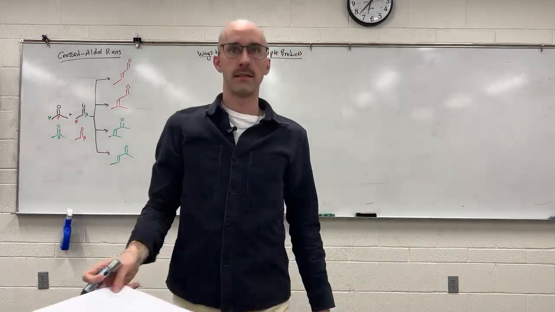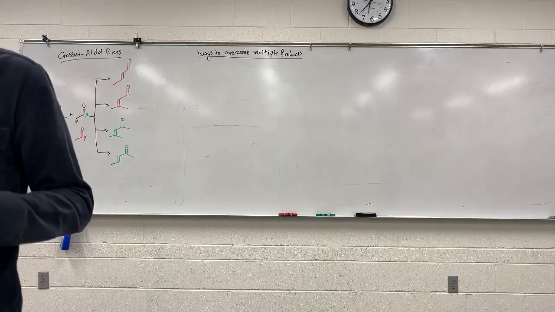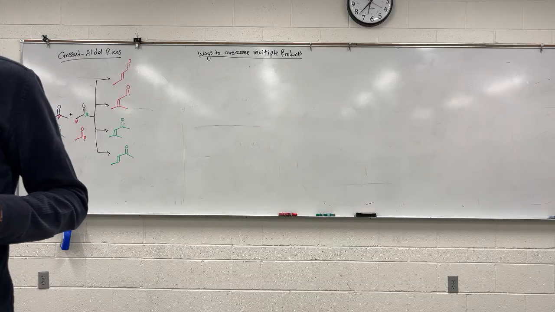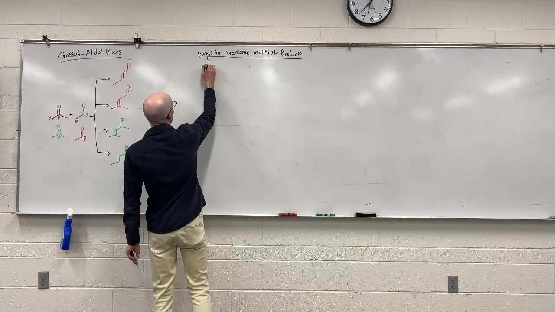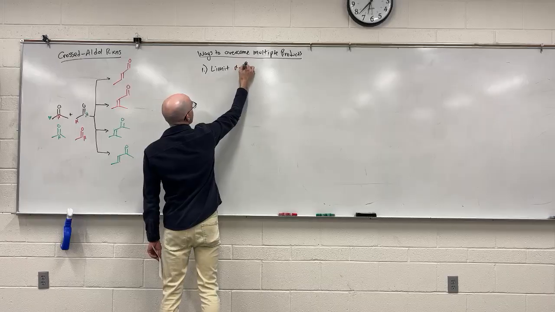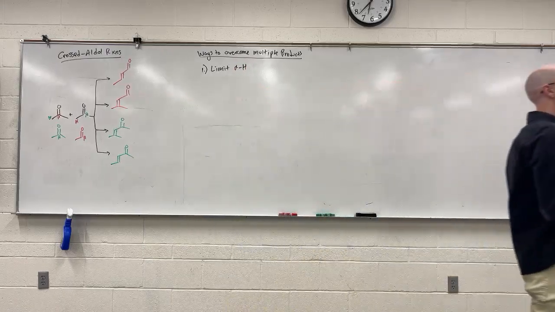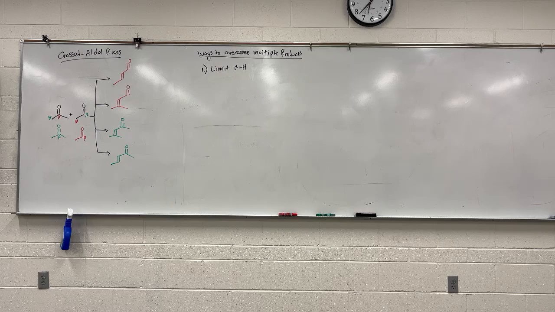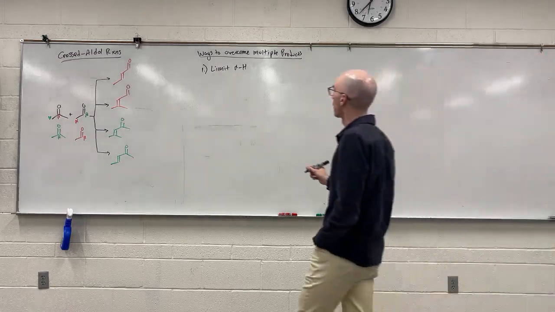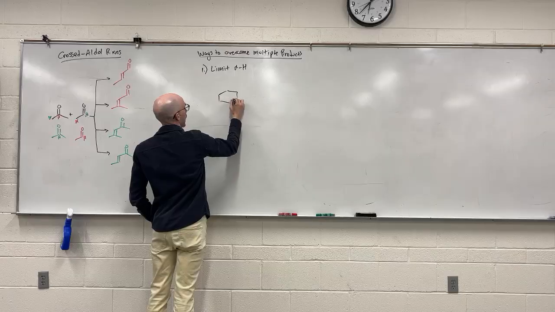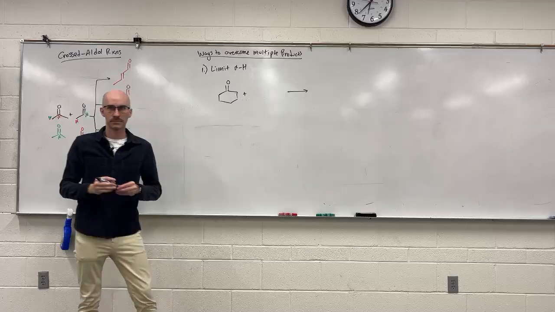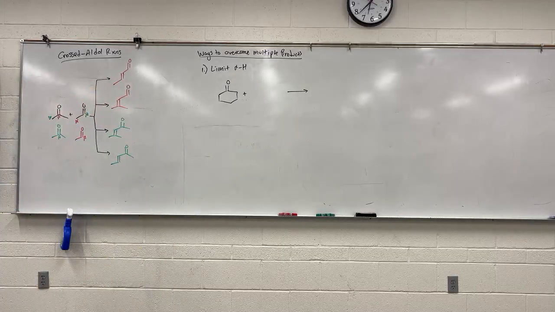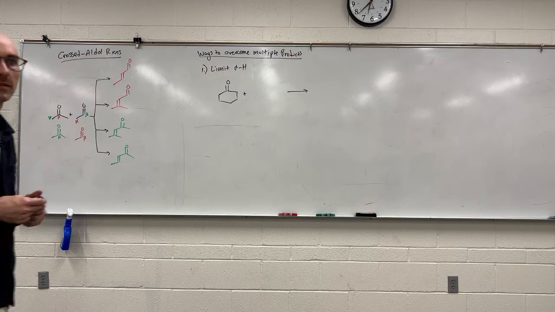So let's get rid of these multiple products. I would like you guys to devise a compound that can react with cyclohexanone, one that limits crossed aldol reactivity by limiting alpha hydrogen placements.